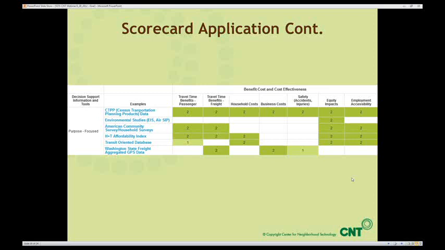The last three cases are the Housing and Transportation Affordability Index, the TOD database, and a special report that we found in our research where Washington State is looking very closely at truck freight and the use of GPS data for exploring a number of key freight measures. The matrices of the measures for truck freight that are considered in this very extensive analysis that Washington State is doing are also included as an appendix to the report on the website.